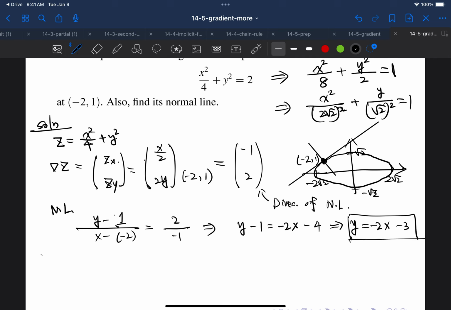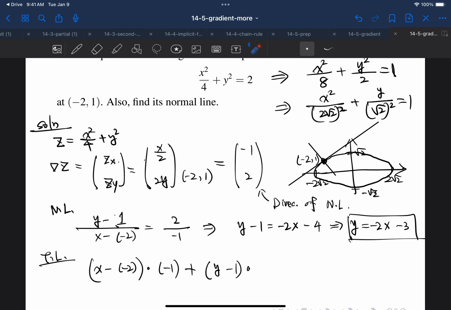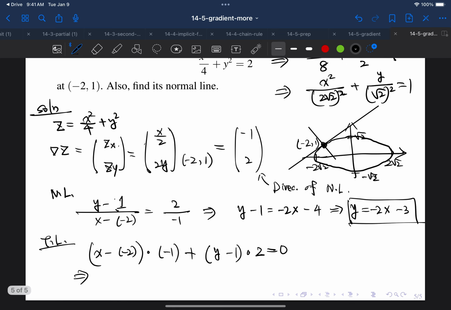The tangent line is perpendicular to the gradient of z. In other words, if I multiply x minus -2 times fx, right? So the dot product, and then the y change times this 2. This has to be 0. And we simplify that. That gives me 2y minus 2.